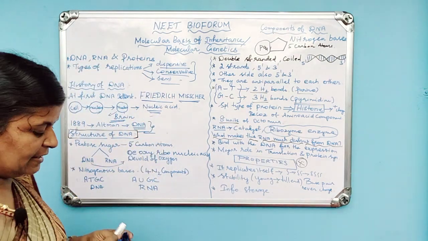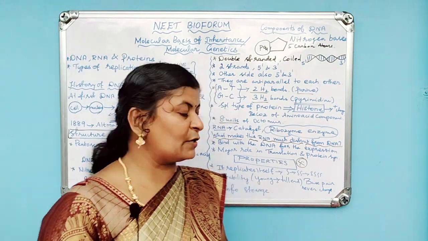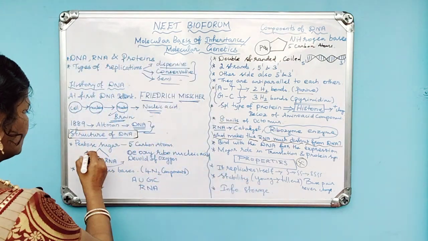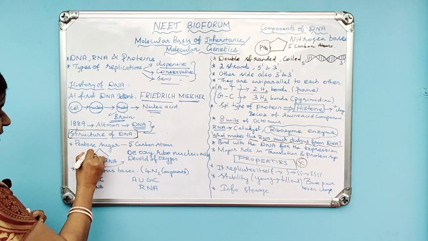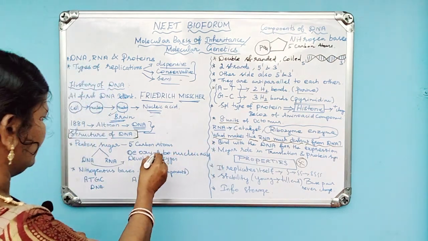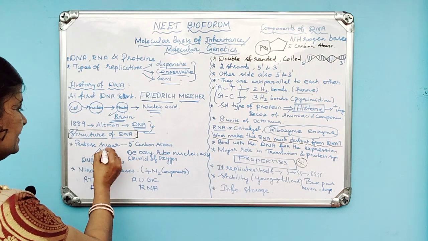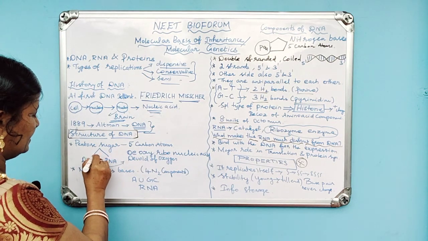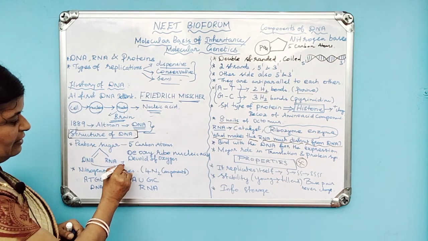Next we will see the structure of DNA. DNA has a pentose sugar, with 5 carbon atoms. This pentose sugar may be in DNA or RNA.